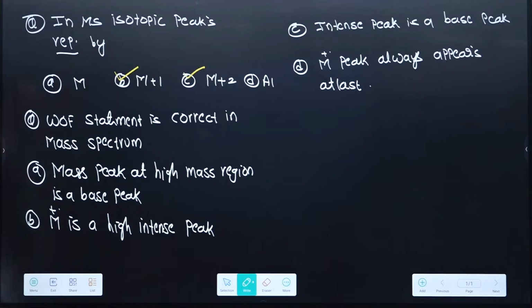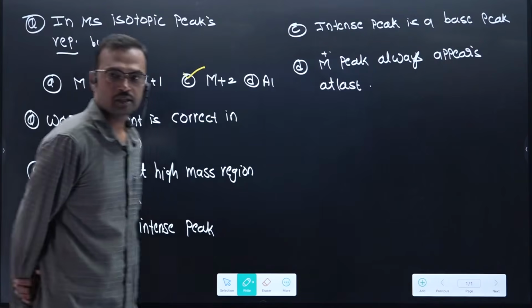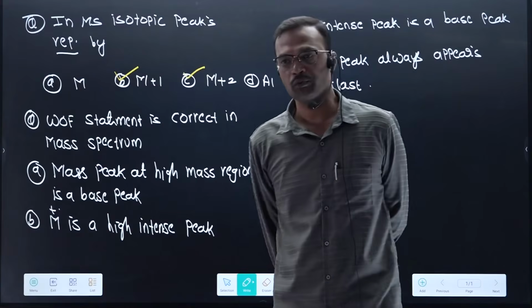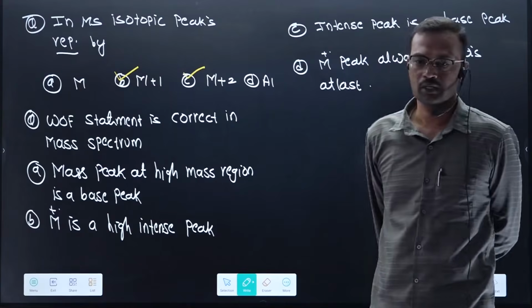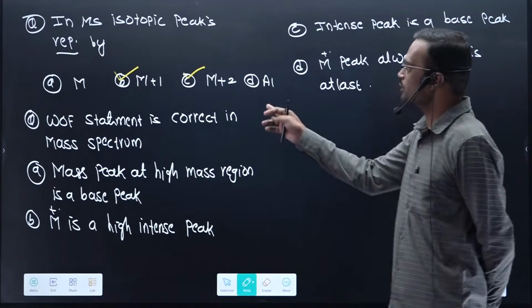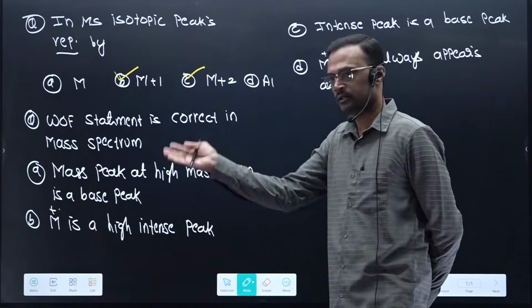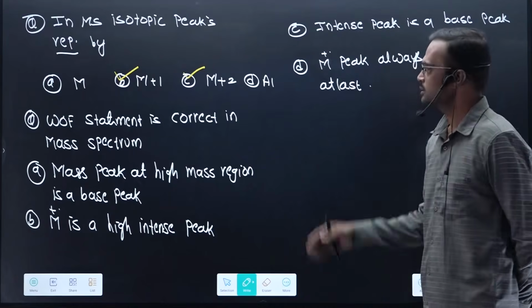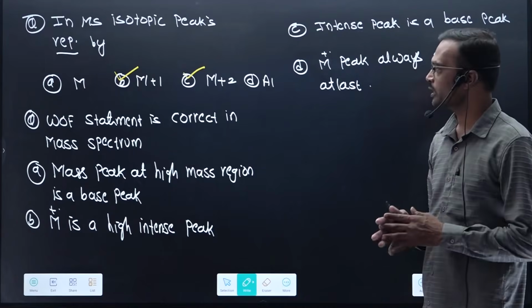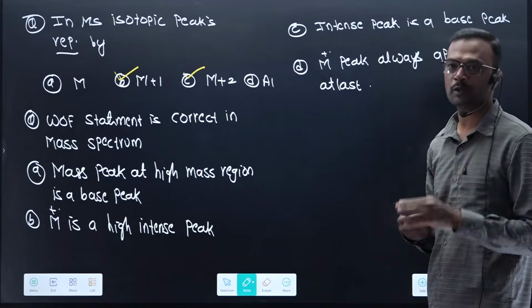If you understand the concepts and listen to videos 1 and 2, mass spectrum 1 and mass spectrum 2, you can answer these two questions. A few points we learned in the last two classes, and some points even in this class. Questions like which of the following statements is correct are expected in mass spectrometry.